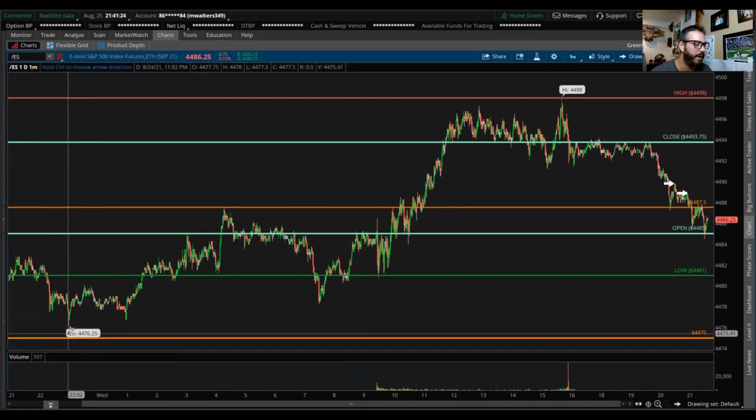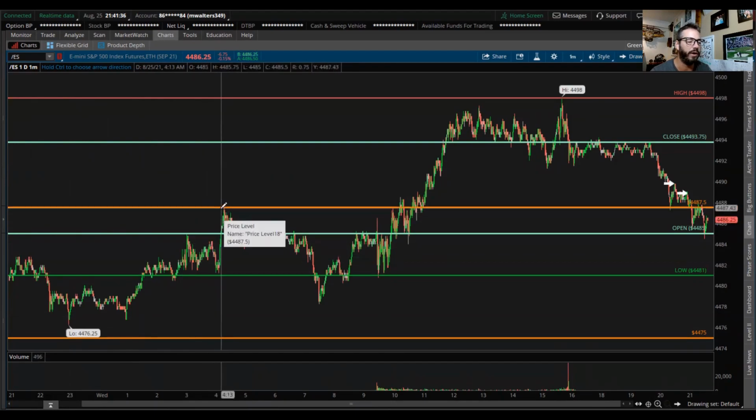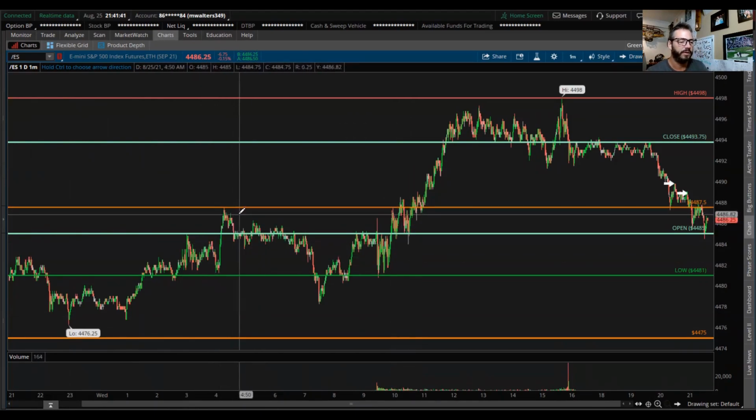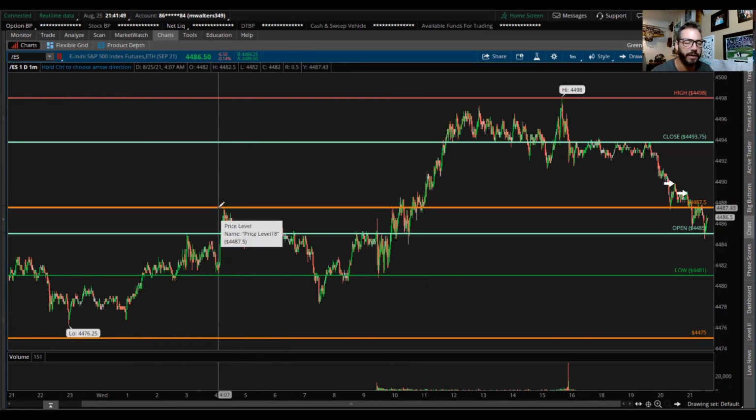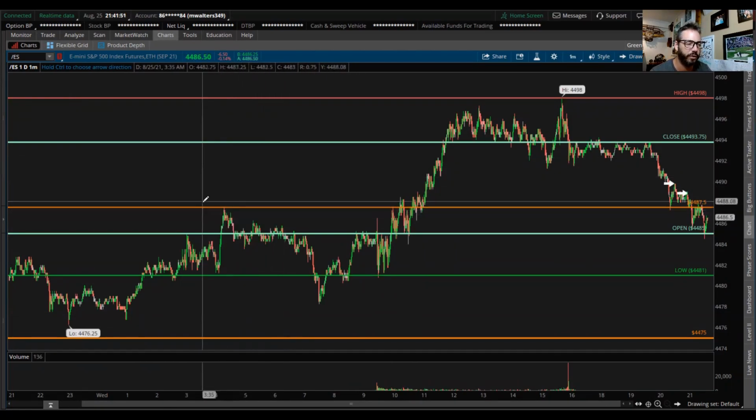We had a nice bounce off it, made a higher low, and then we moved up into the London Open. So the London Open happened, and then at 4 a.m., we got price pushing up to this next key area. So that's the key area that I want you guys to keep in the back of your mind right now for the trade that I'm about to show you.